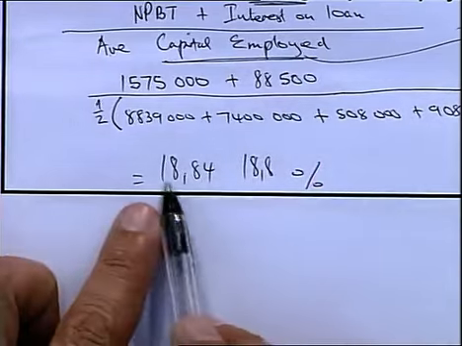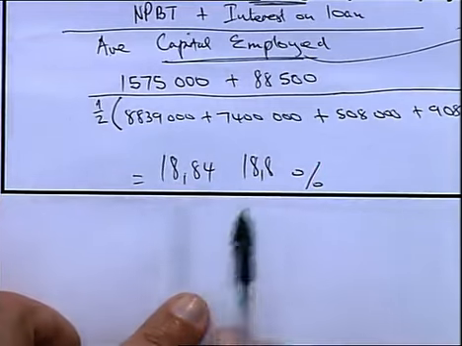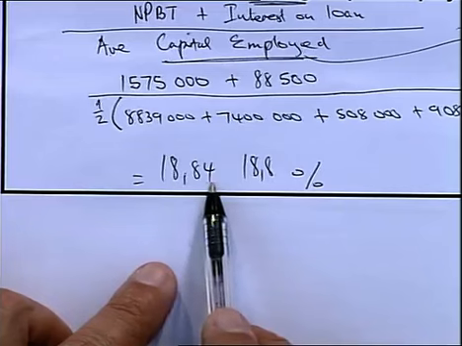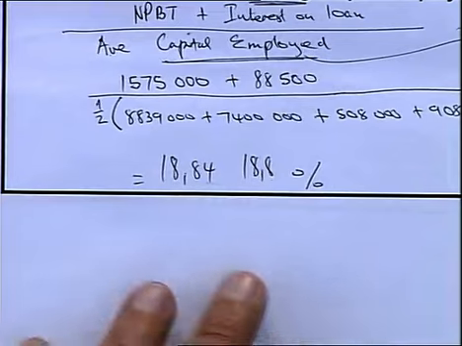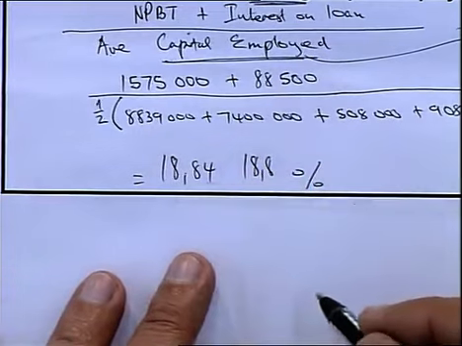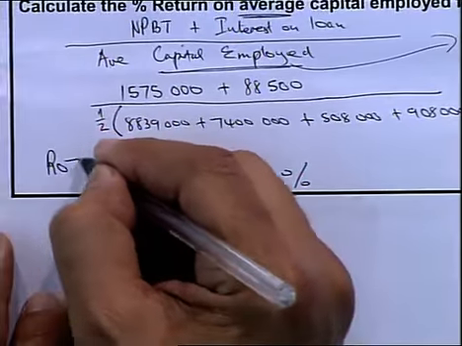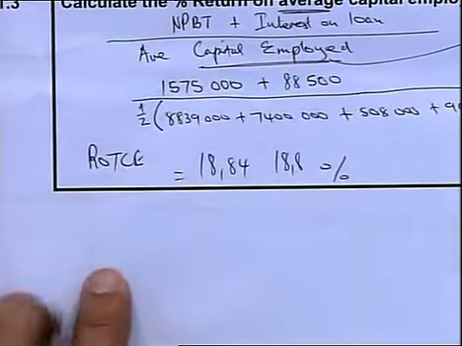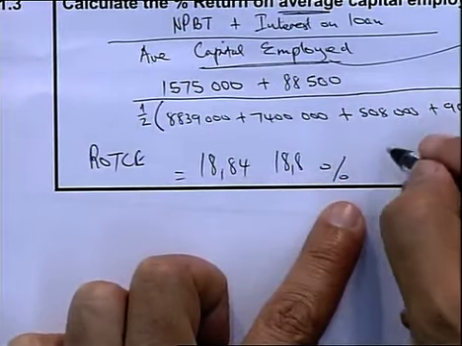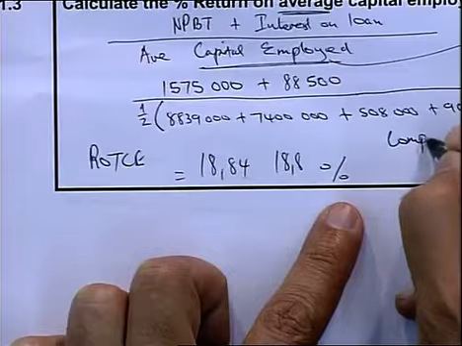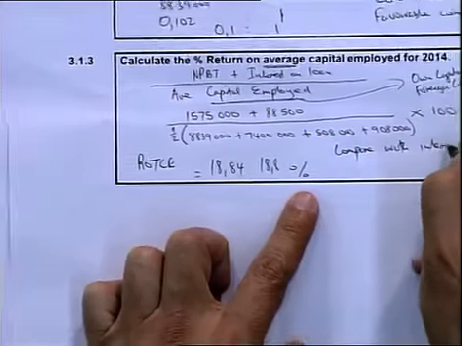So we always write the original answer first, and then if they want 1 decimal, then we just give them the 1 decimal. Just remember, if that was a 5, it could have gone to 18.9. So when we get the percentage for the return, normally we call this ratio return on total capital employed. When we get the percentage of 18.8, we're always going to compare it with the interest rate.